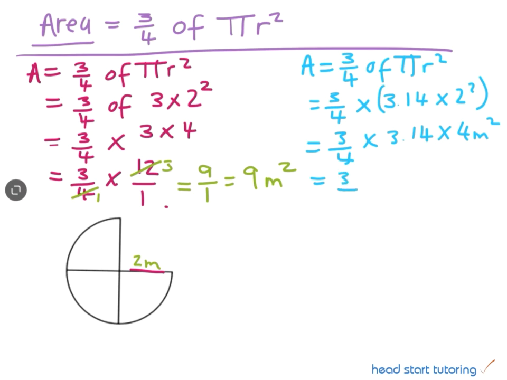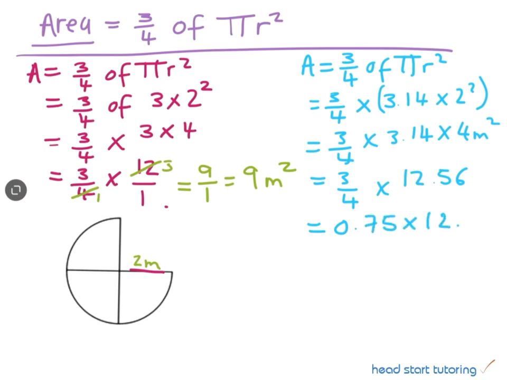And then we get 3/4 multiplied by 12.56, because 12.56 is 3.14 multiplied by 4. And then what we can do is convert either 12.56 into a fraction or 3/4 into a decimal. So 3/4 as a decimal is 0.75.